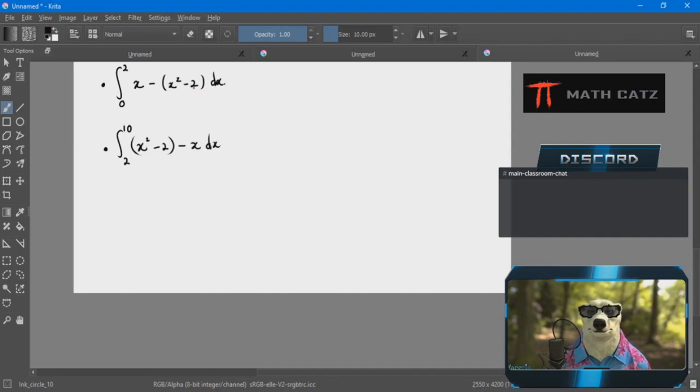The bottom becomes the top becomes the bottom. So I have these two. Now, the inside doesn't look quite the same, unfortunately. Let's see if we can do it in one line, though. x minus x squared plus 2 dx.